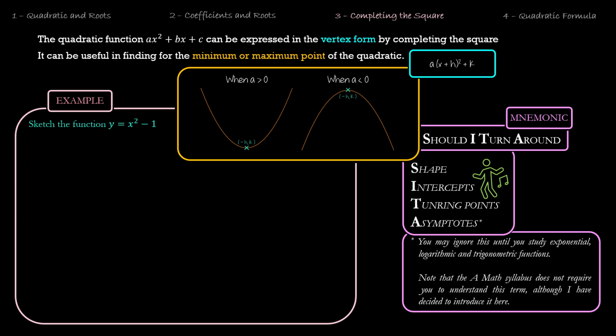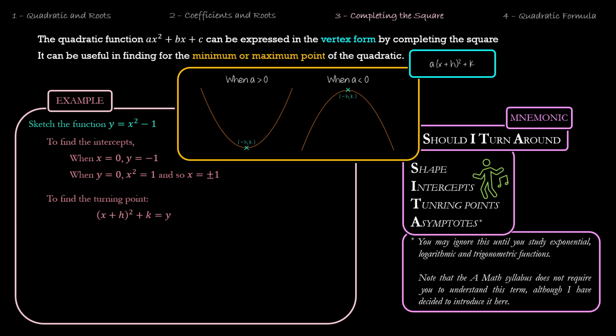So, to sketch the graph, we know that the coefficient of x squared is 1. This means that the graph looks like a smiling face. We can then find the intercepts by making x equals to 0 and y equals to 0 separately. This will give us y equals to minus 1 for the y-intercept and x equals to plus or minus 1 for the x-intercept. Next, to find the turning point, we can rewrite the equation in the vertex form.